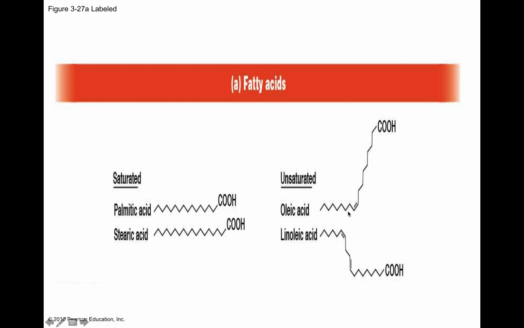They can have one or more double bonds, which does put a kink in the chain, such as in oleic acid. This is a common plant fatty acid, or linoleic acid, which has two double bonds in it.